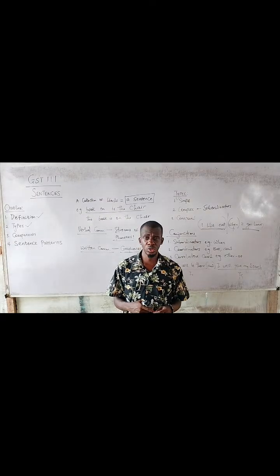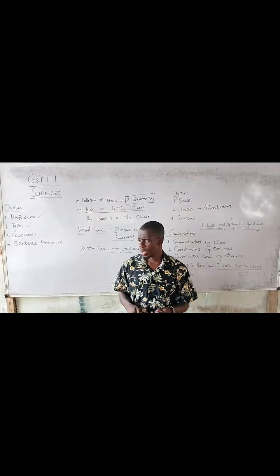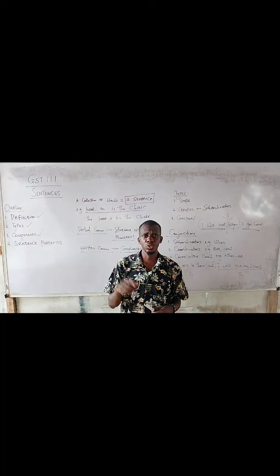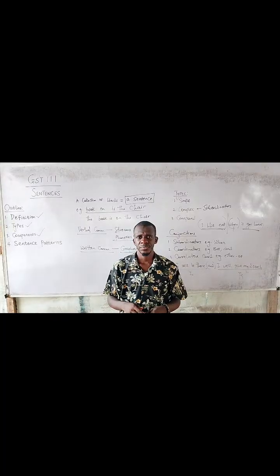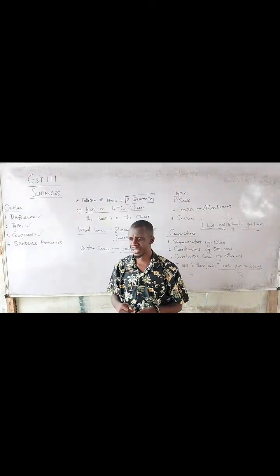So we're going to look at the sentence patterns now. Now we have seen the components of a sentence, which include the subject, the verb, the object, the complement, and the adverbial. Now let's talk about the sentence patterns.